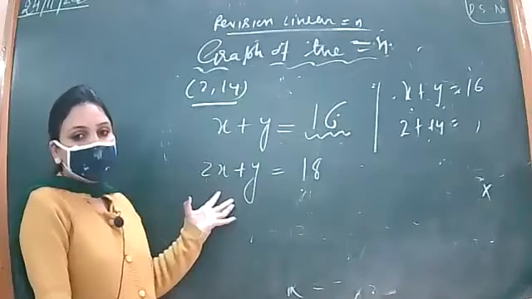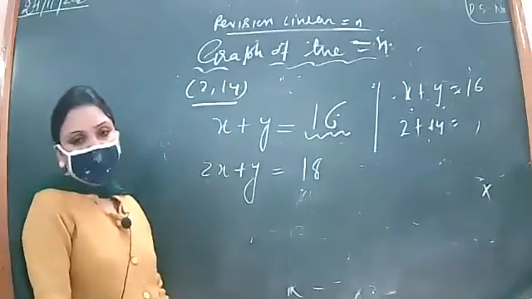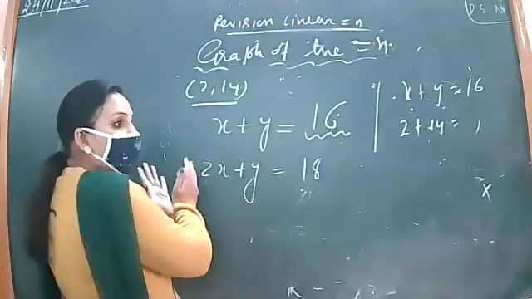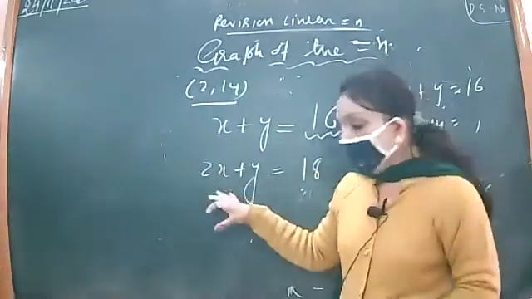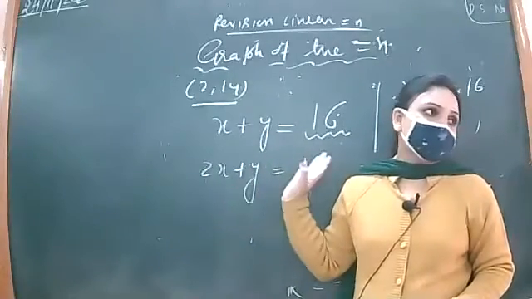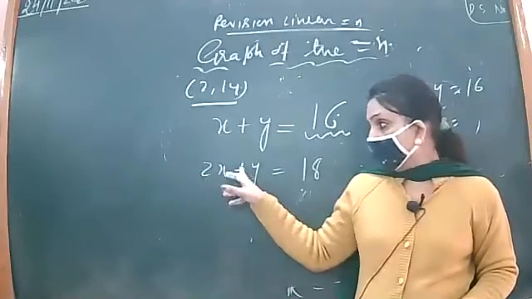You are making the expression by taking the coefficients of x and y, and by changing the coefficients of x and y. And as coefficients of x and y are real numbers, they can have any equation like this.